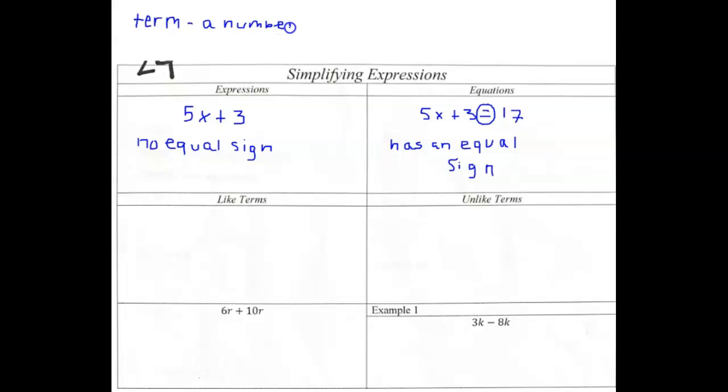A term can also be a variable. Or it can be the product of a number and a variable, okay?